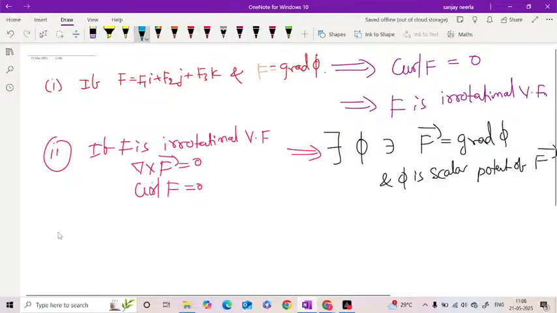Third and fourth points are important for these problems.